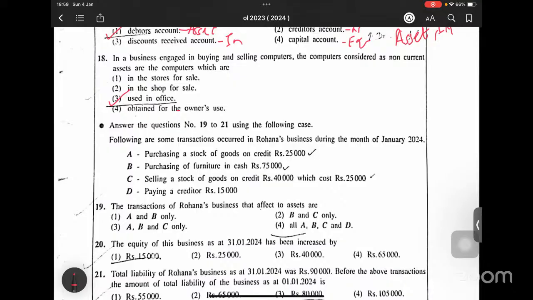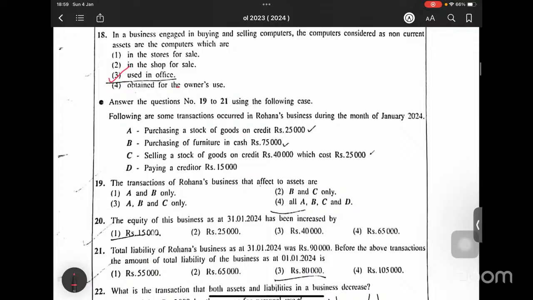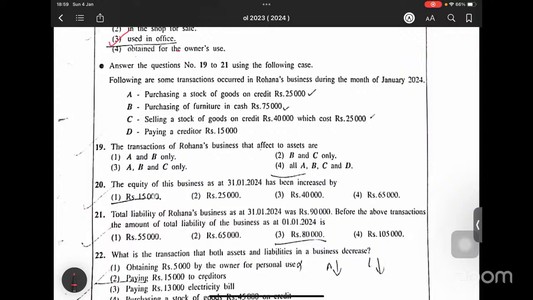Next question. Following are some transactions that occurred in Rohana's business during the month of January 2024. Purchasing a stock of goods on credit. Purchasing furniture in cash, 75,000. Selling a stock of goods on credit, 40,000, which cost 25,000. Paying a creditor, 15,000.